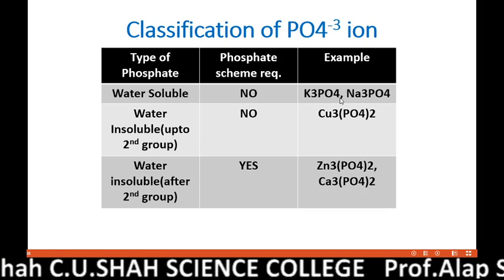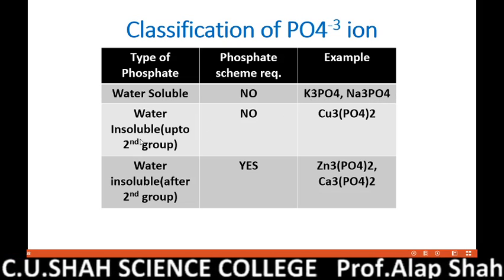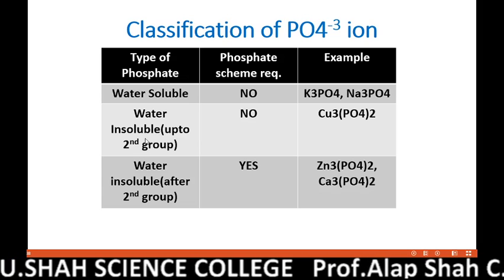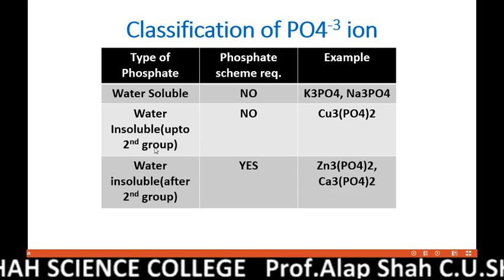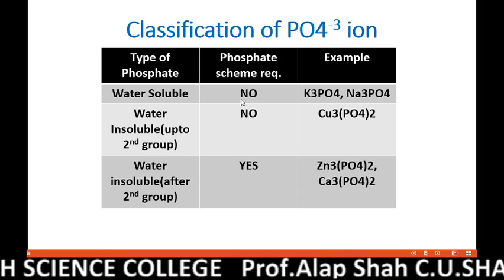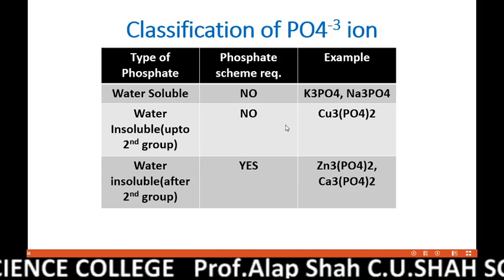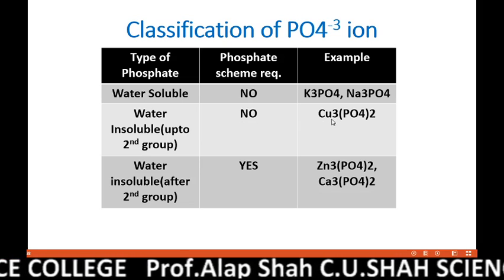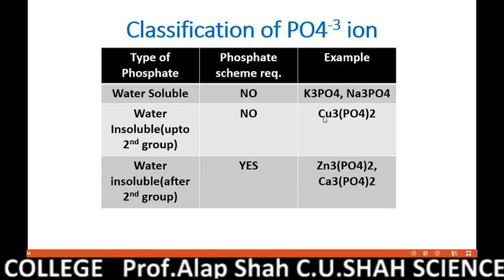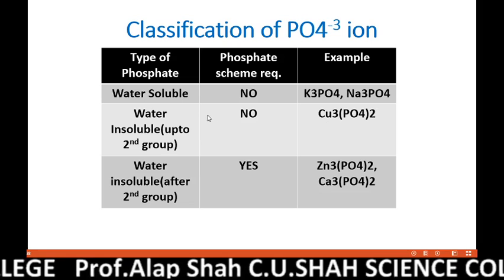Examples: potassium phosphate, sodium phosphate, ammonium phosphate, etc. Second, water insoluble phosphate, but the positive ion is present from either first group or second group. In that case also there is no need to perform the phosphate scheme. For example, lead phosphate, which is from the first group, silver phosphate, copper phosphate, which is a radical of second group, cadmium phosphate, again second group, no need.